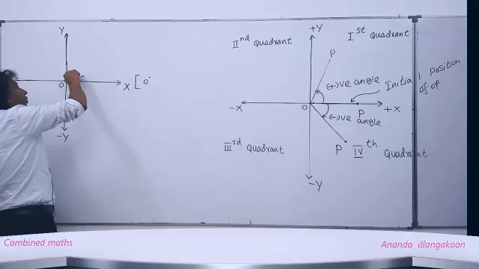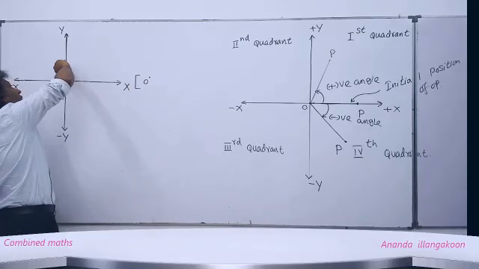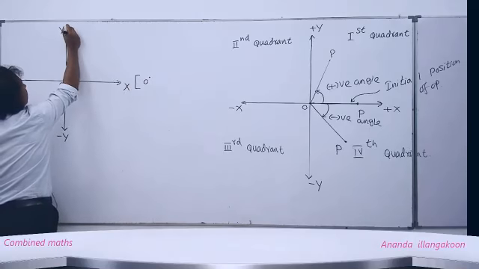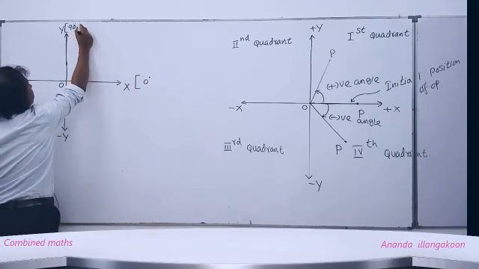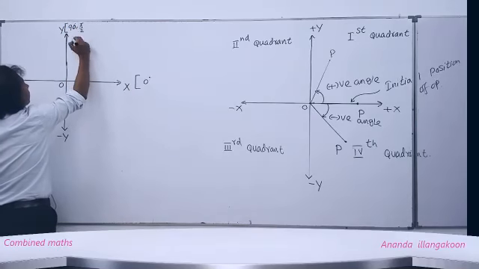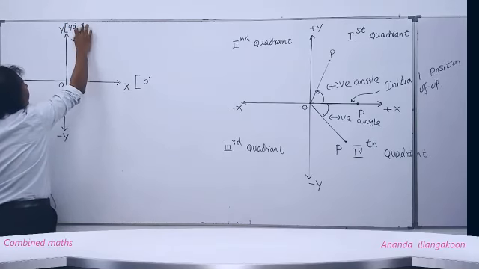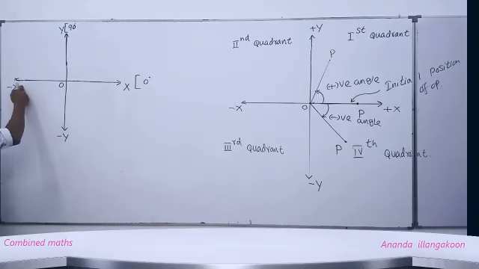Then once it is rotating this way, coming to the positive y-axis, the angle opening between positive x-axis and OP is 90 degrees. Or in radians, people, pi by 2. We know that. And then this OP comes onto the negative x-axis.